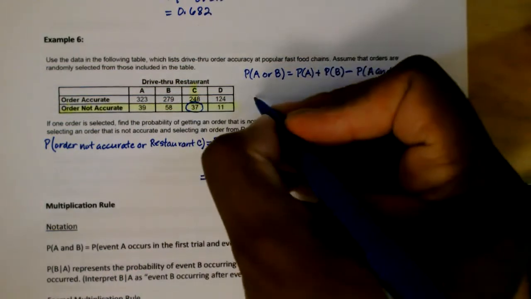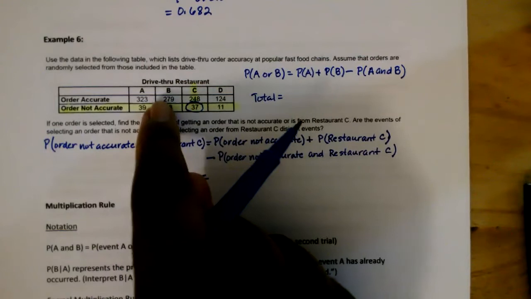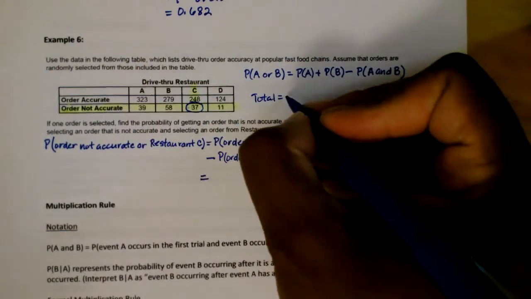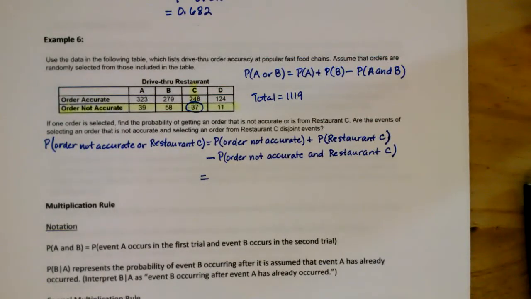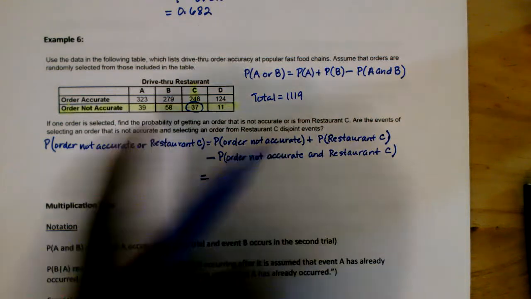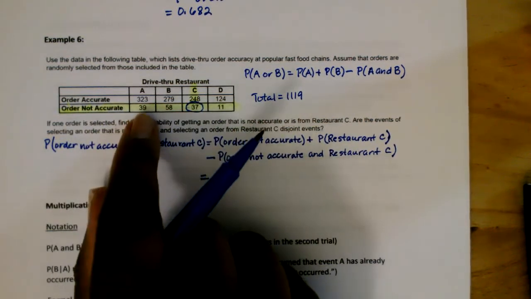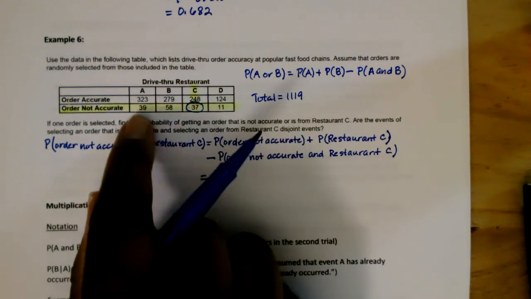And let's find out what the total is altogether here. If you were to add each of these numbers individually, you would get 1,119. That's going to be our denominator because that's the total of the entire data set. So here, order is not accurate. We have to add 39, 58, 37, and 11 together.